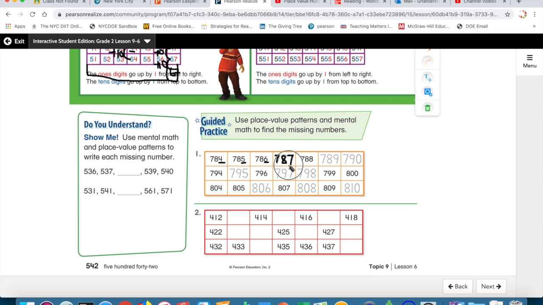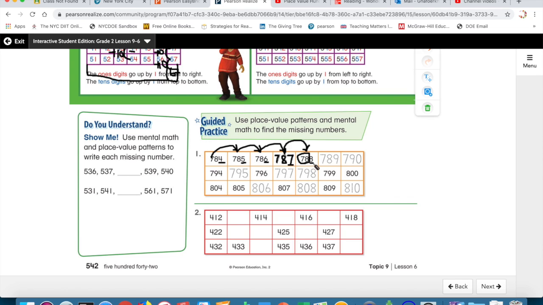Only our ones place is going up because we're going from left to right. Yes, this is the way we're moving. So every time we go to the right, our ones place goes up. The tens stays the same, and the hundreds stays the same. The only thing that changes is the number in the ones place.